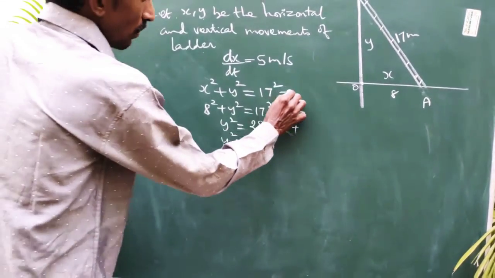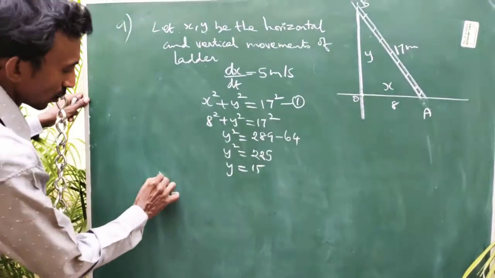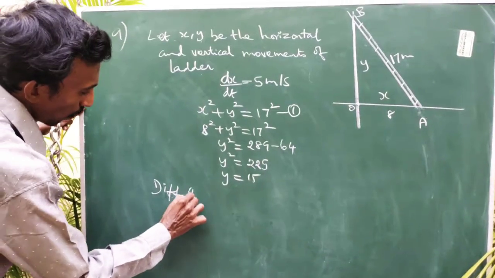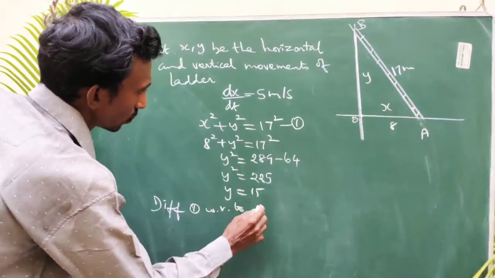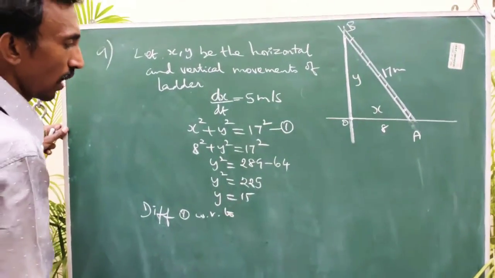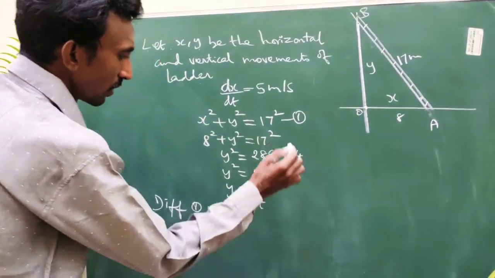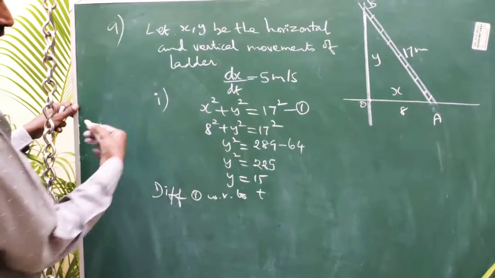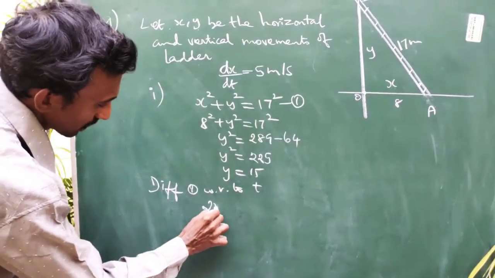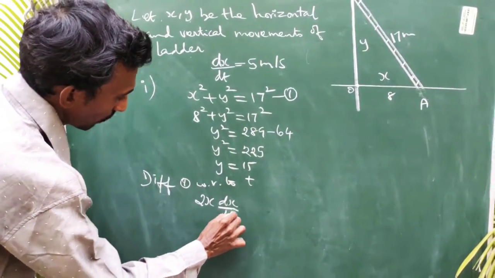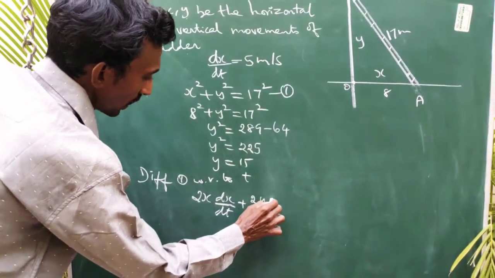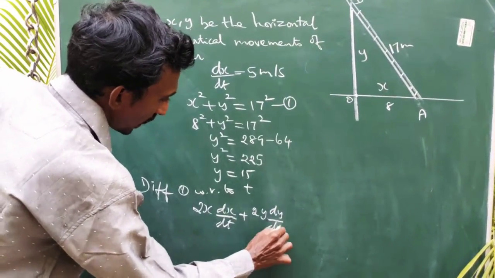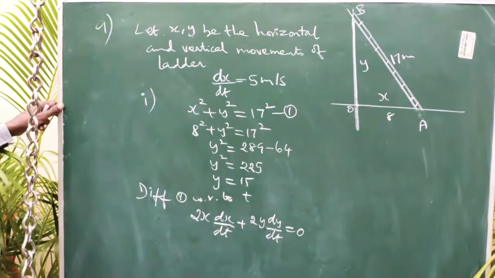Now we need dy by dt. So differentiating the equation with respect to t, it is the first subdivision. So 2x dx by dt plus 2y dy by dt equal to 0. The right hand side is a constant, 0.